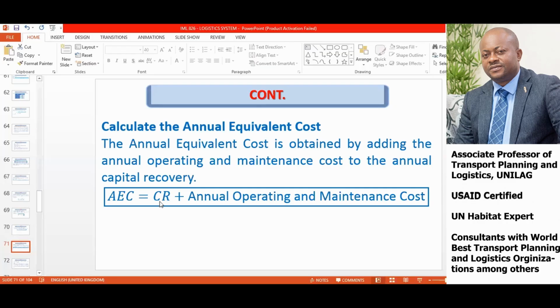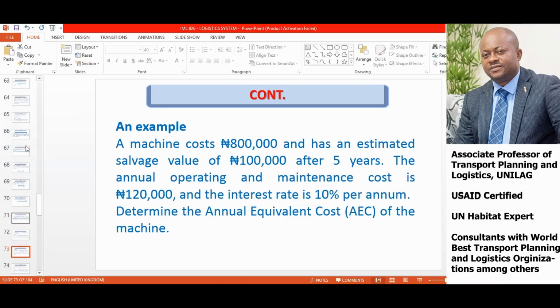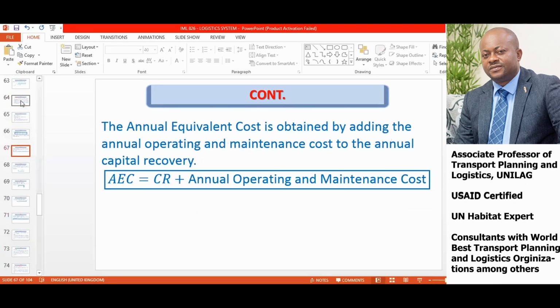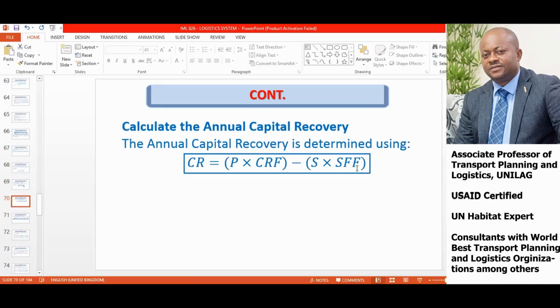Sorry, sir. What is the first stage? Let me go to an example. Look at this example. The first stage is CRF. Once you get the SFF, you go and get the CR. This is the second stage, and this is the third stage.